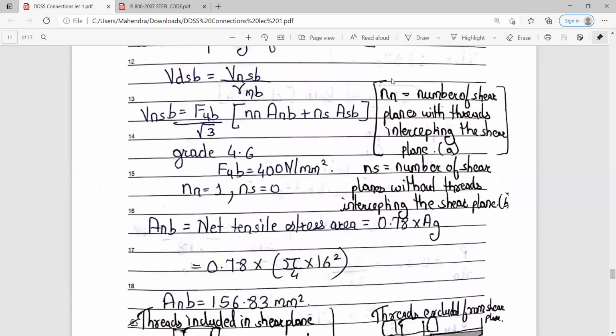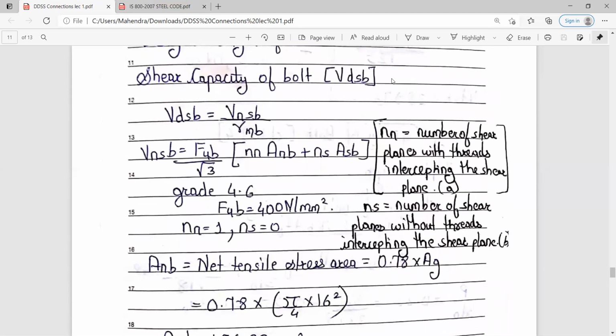Again, for VDSB, the formulas are there on page number 75 of your IS code. For calculating VDSB, you have the formula VNSB upon gamma MB. Now for VNSB, you have the formula FUB by root 3 into NN into ANB plus NS into ASB.